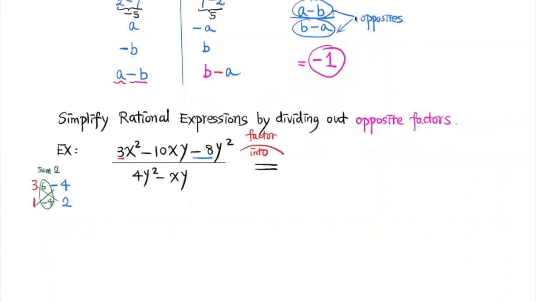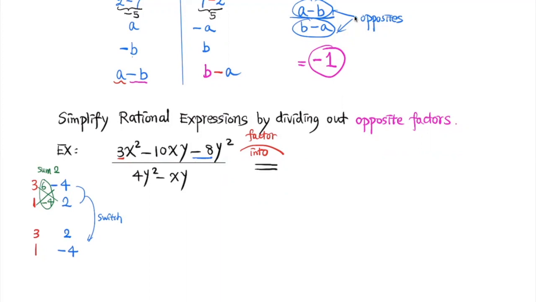So this time, let's try 3 times 1 again, and for the -8, I'm going to switch the 2. So I'm going to have 2 on top, -4 down here. 3 times 1 still gives you 3, and 2 times -4 still gives you -8.